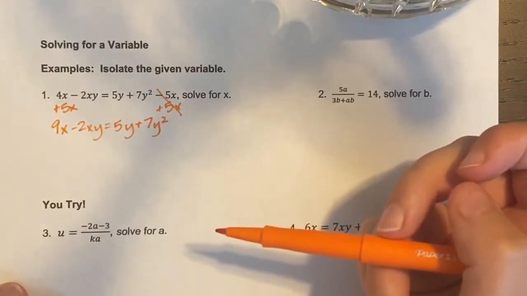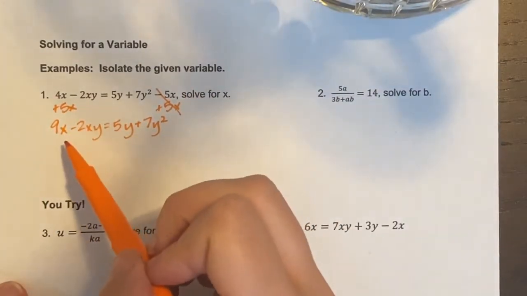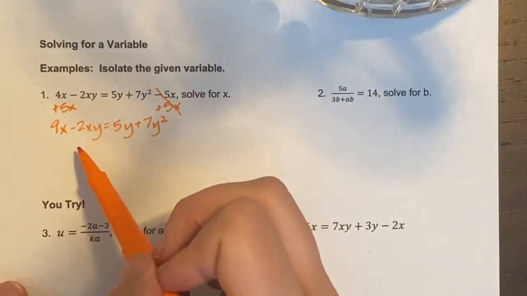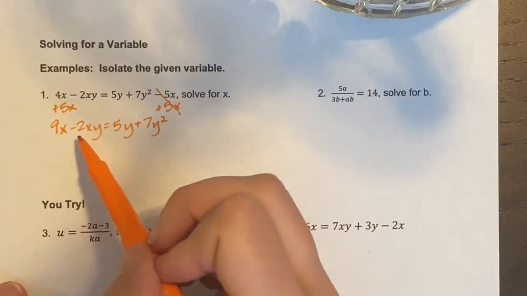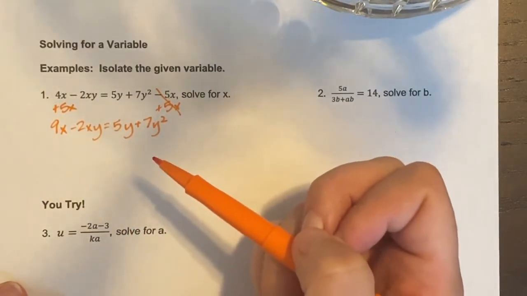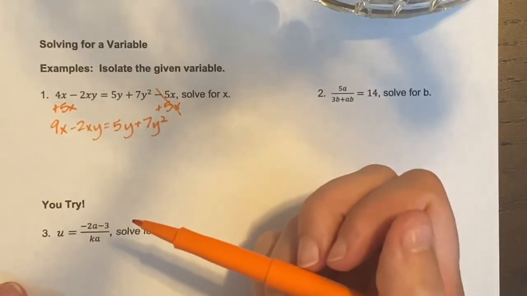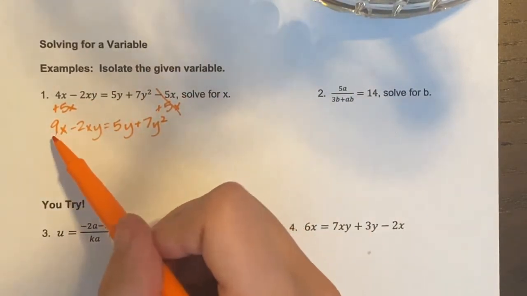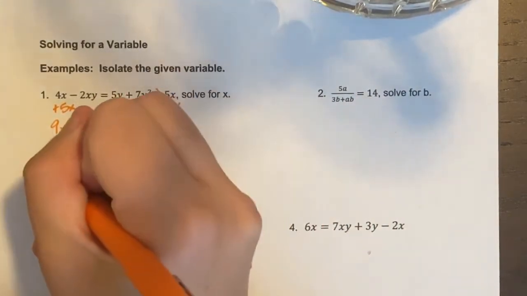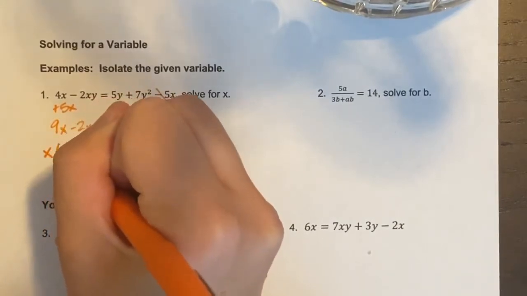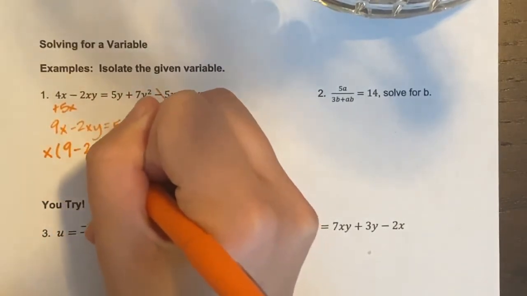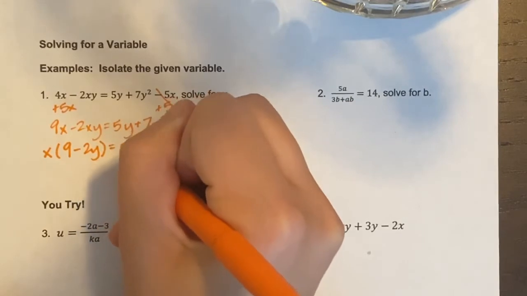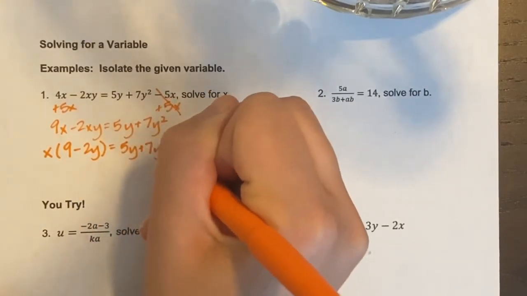So what I'm going to do instead over here to try to get x by itself is, I've got these 2 x's. I really want that to just be 1x. And the best way to do that is to factor it out, because it's a greatest common factor for both of these terms. So if I take x out, then I'm left with 9 minus 2y equals 5y plus 7y squared.